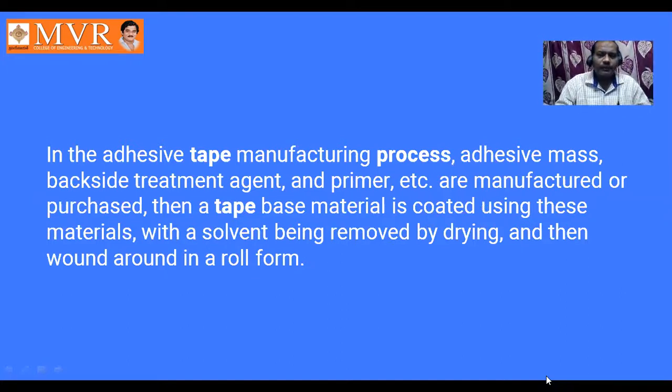So it is one type of adhesive method to join two elements. The two elements may be sometimes a plastic material, sometimes a cardboard material, sometimes paperwork. So before going to how this tape is manufactured, tape is a part of life for converting a broken part into a regular usage material.